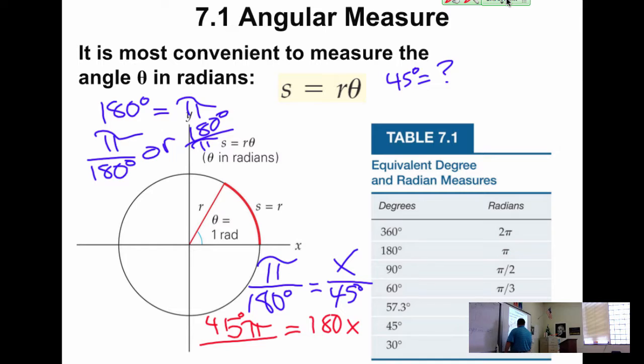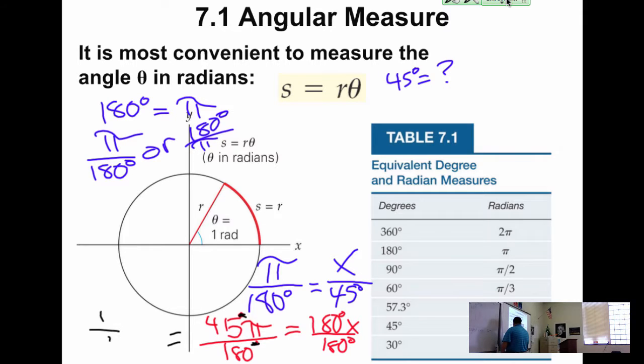And technically you get 45 degrees and 180 degrees. What would you do next? Divide both sides by 180. Divide both sides by 180 degrees, and guess what? The degrees cancel. Anybody want to take a guess what 45 over 180 reduces down to? 1 over 4.